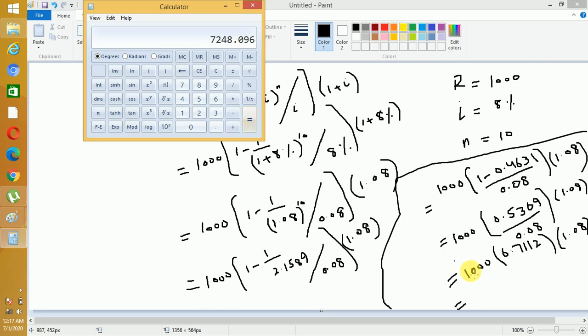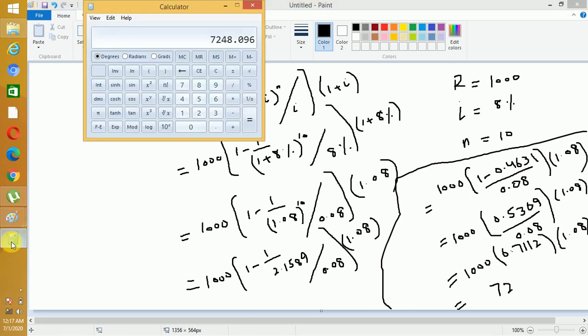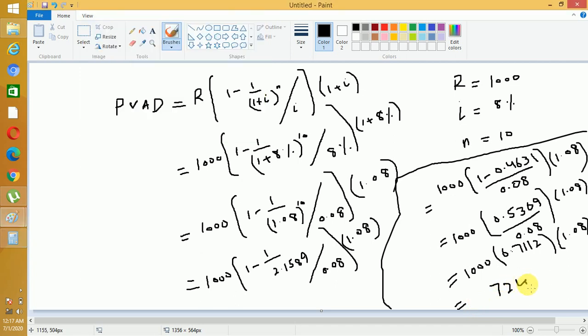So we are getting 7248.09. So this is our calculation of present value of annuity due. That's it about present value of annuity due.